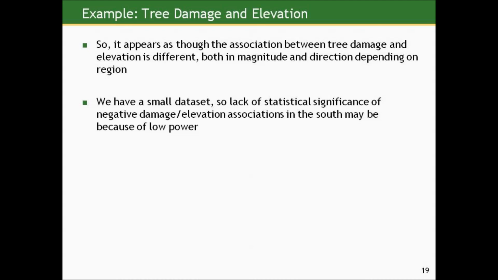So it appears that the association between tree damage and elevation is different, both in magnitude and direction, depending on region. And we do have a small data set, so we have a lack of precision here. The lack of statistical significance of the negative damage-elevation association may be because of low statistical power, basically because we had very little information, so our standard error was large.